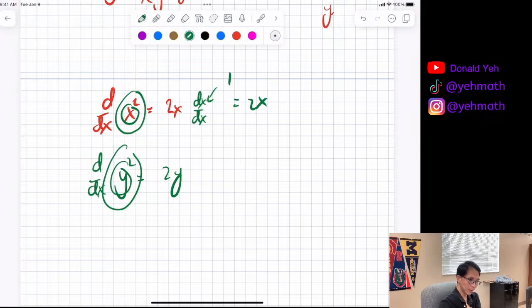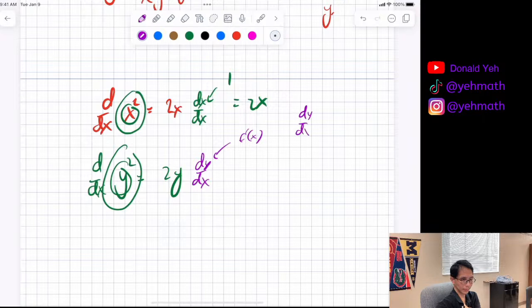So guess what? This is the f prime of x, dy/dx. And some people ask, what is dy/dx? dy/dx is the slope of a function. Think about it. D stands for delta, delta y over delta x. It's changing y over changing x.